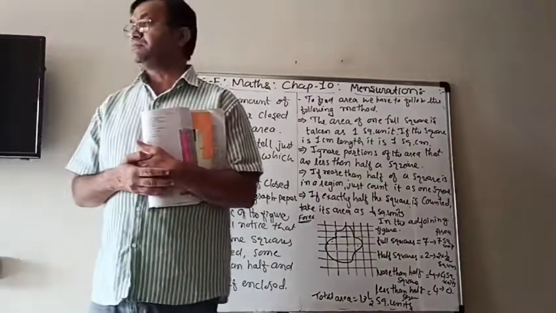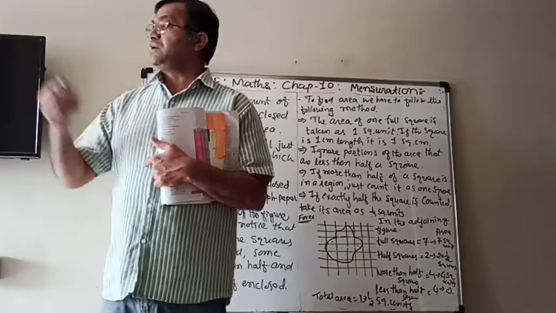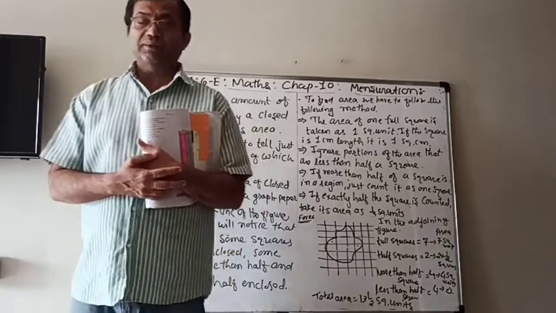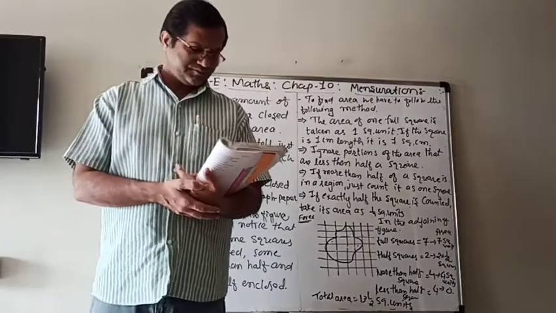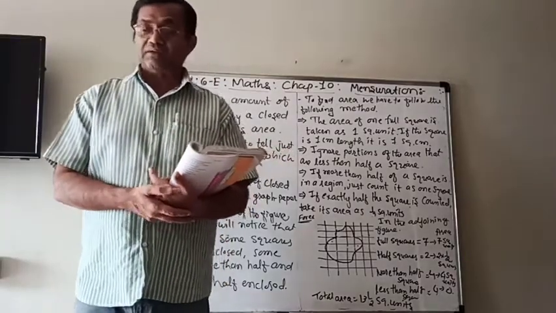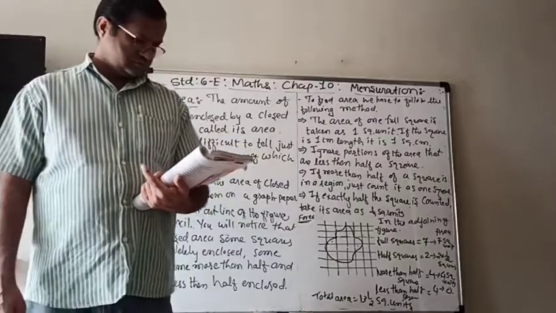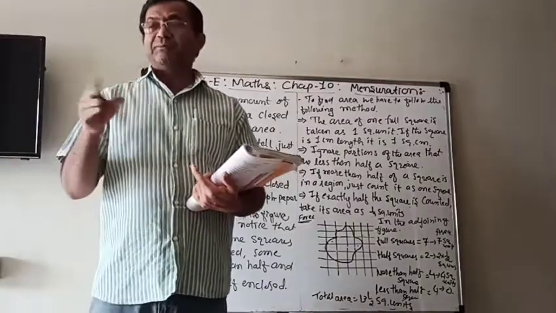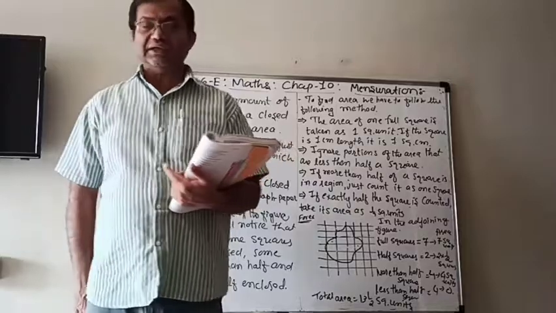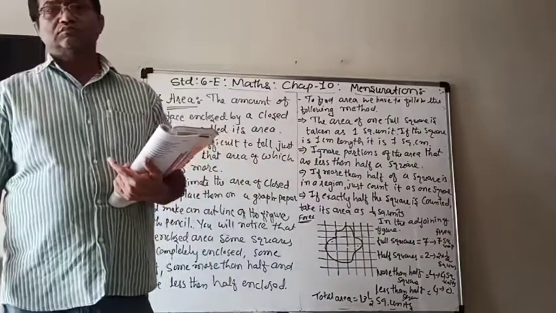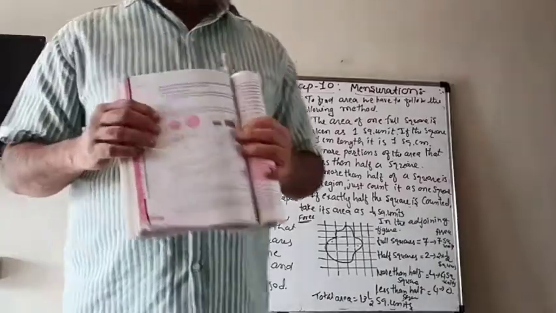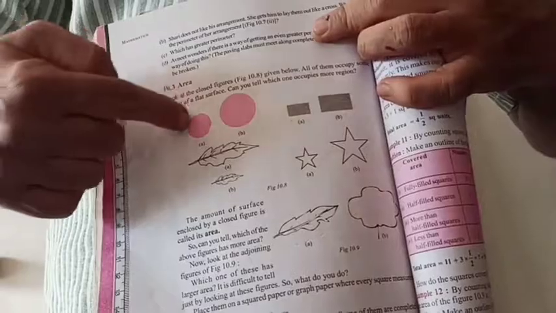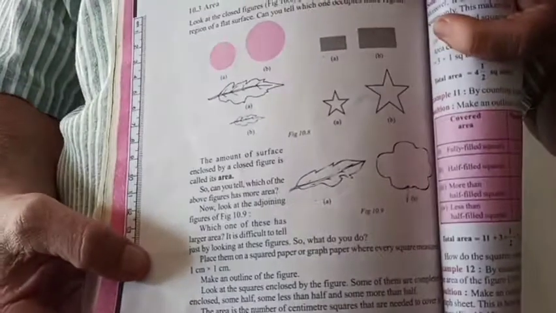For example, the leaves of a tree, they don't have a definite shape. A star, a piece of paper which is cut unevenly, like shown in this figure here. You can see that different types of figures are given here.